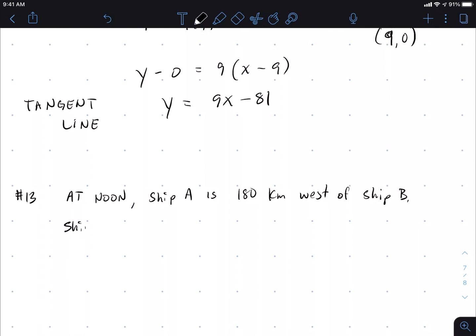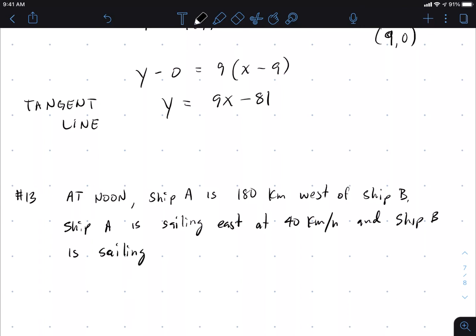Ship A is sailing east at 40 kilometers per hour. And ship B is sailing north at 30 kilometers per hour.